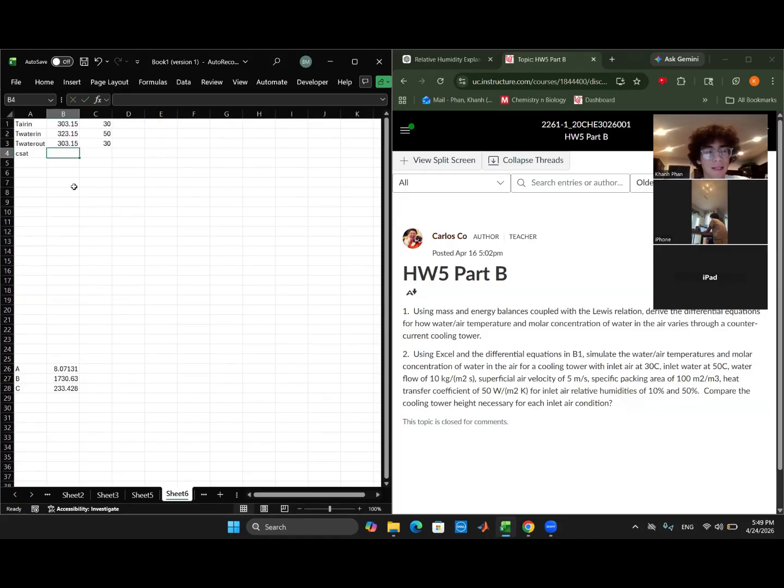And then we do that. So to calculate C saturation, we're gonna take the Antoine equation, okay? So we're gonna do 10 raised to the power of A minus B divided by temperature of air in plus, and then we have to make sure that we use Celsius degrees, okay?